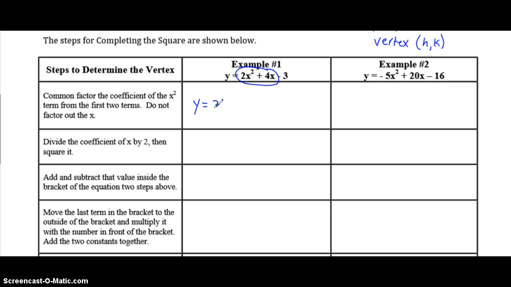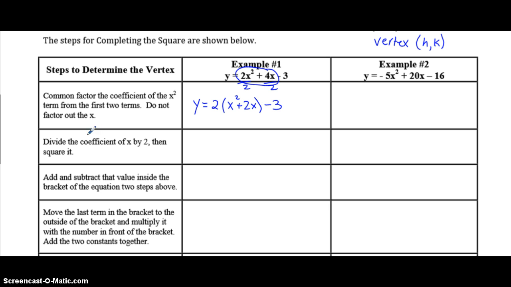So the 2 goes on the outside, that becomes your a value, and on the inside you have x squared plus 2x. That negative 3 is going to stay on the outside. So factoring means we're going to divide both of those by 2. So it's starting to look like factored form already. That is not the k value, but that will start to form the k value, but that is definitely the a value. So that's the first step.